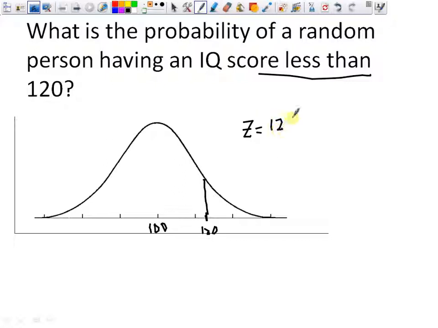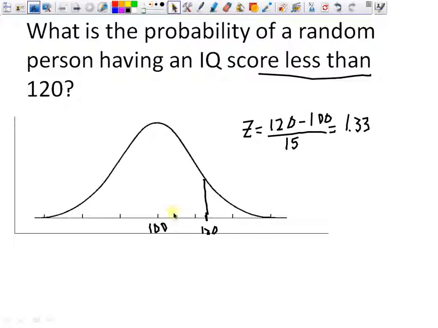So I have 120 minus 100, which is 20 IQ points above the mean. And since we know a standard deviation is 15, we can divide by the standard deviation to get how many standard deviations above the mean it is. So that's 20 divided by 15, that's 4/3, which is 1.33, to 2 decimal places.